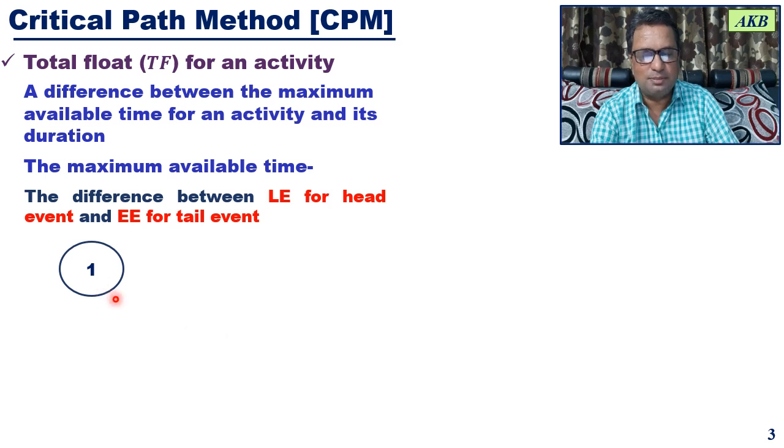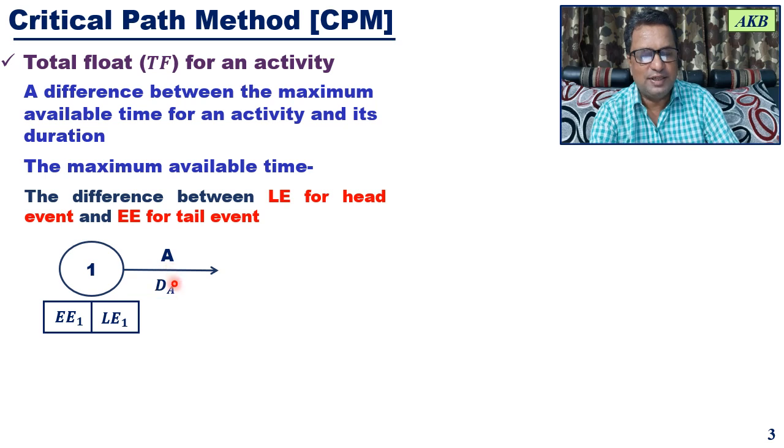So for example, this is event 1. It will be having earliest event time, let it be EE1. It will be having latest event time, let it be LE1. And then you have the activity. So event 1 is the start event for activity A. Activity A will be proceeding for duration dA, and activity A will complete at event 2.